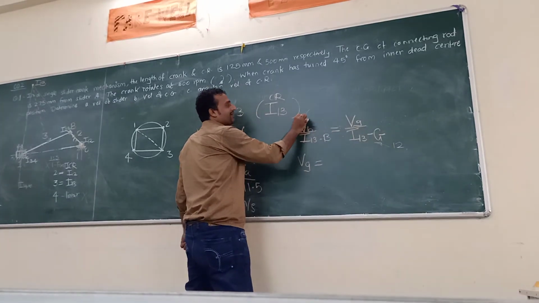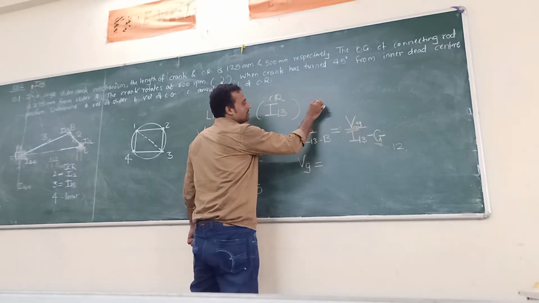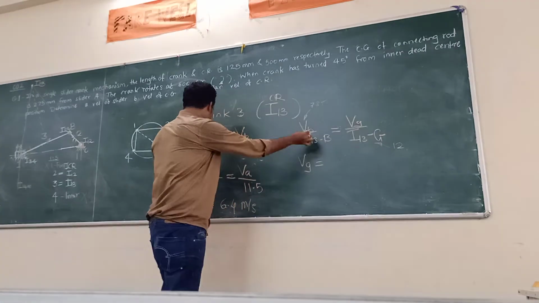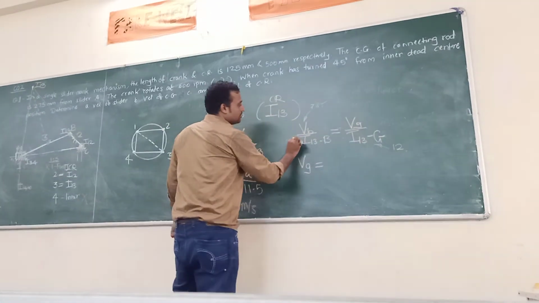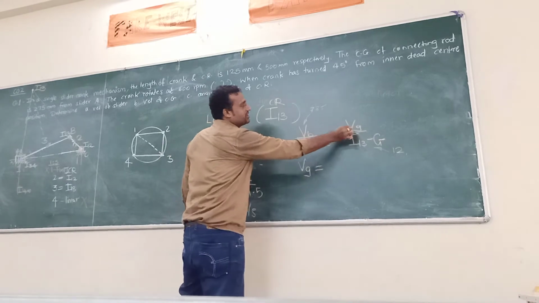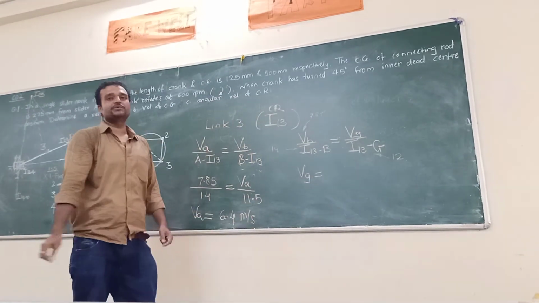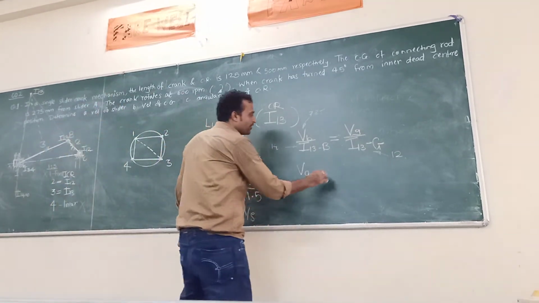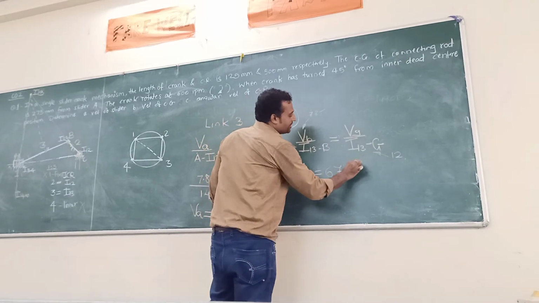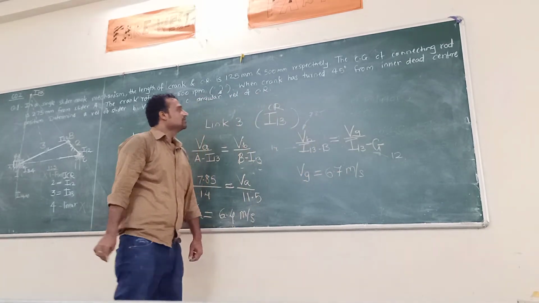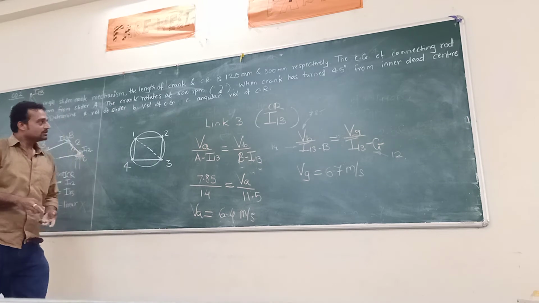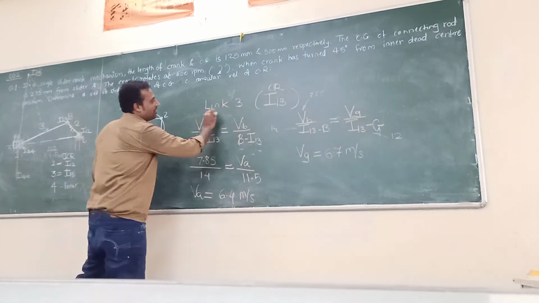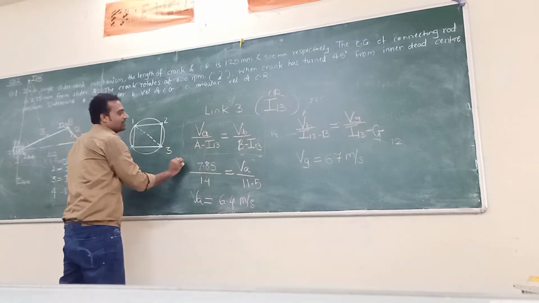This is 7.85. This distance is 14. So the only unknown here is VG. So VG is approximately 6.7 meter per second.